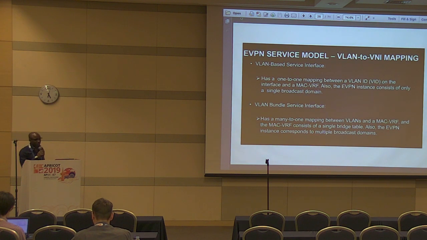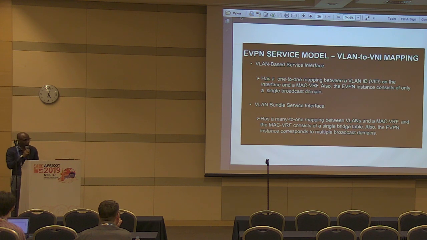What that gives you is the ability to have VLAN normalization or VLAN translation, so the remote VLAN ID doesn't need to match. It also allows you to have overlapping MAC addresses because each VLAN sits in its own broadcast or VXLAN segment.